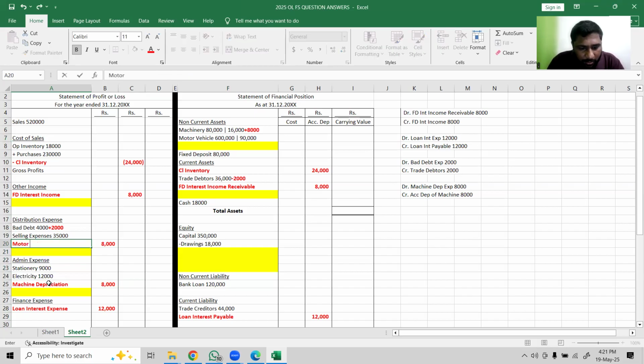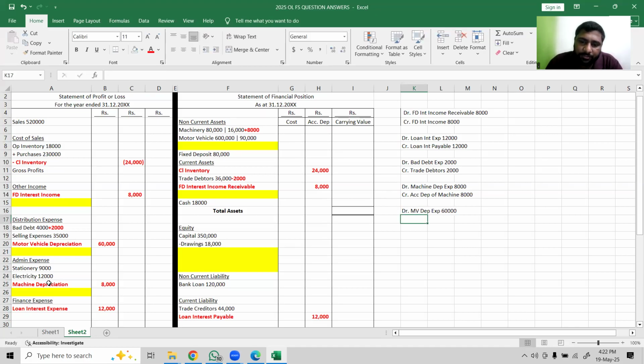Motor vehicle depreciation 60,000 debit. Debit motor vehicle depreciation expense 60,000.